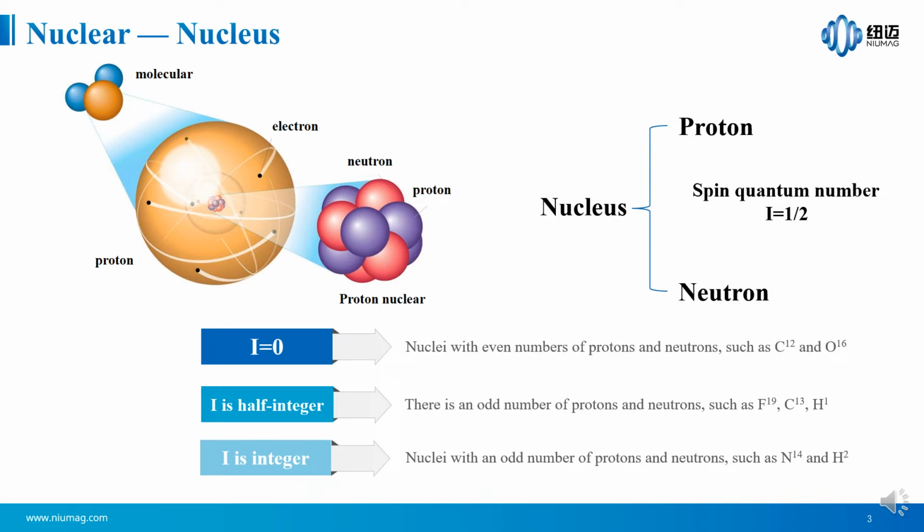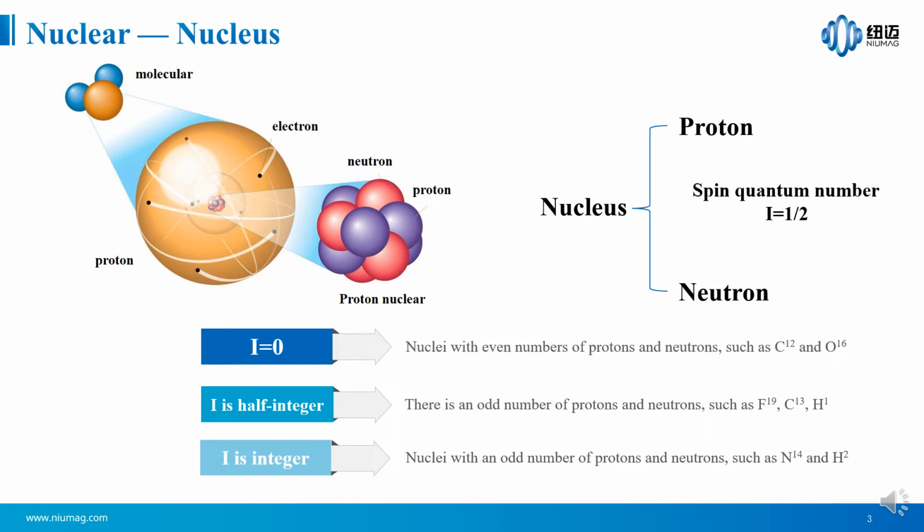So the second and the third type of nuclei, where the spin quantum number is not 0, have the NMR phenomenon. And the nuclei with spin quantum number equal to 0 have no NMR phenomenon. Most of the nuclei in our periodic table are capable of NMR.